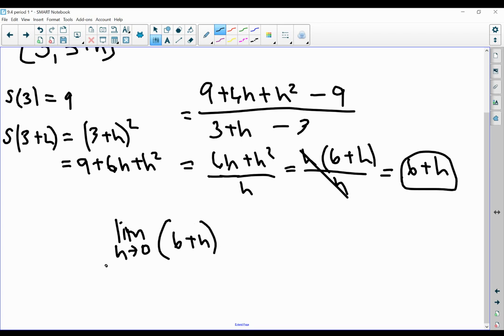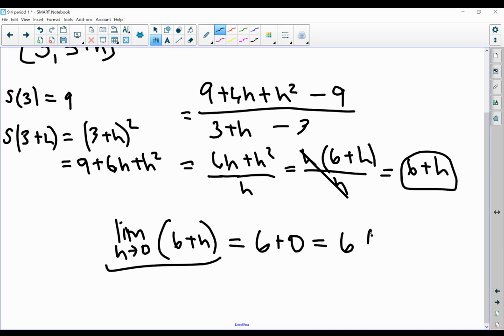So this, you've kind of seen before. This is limit. We've seen limits in Math 4, but not really that much. So we're going to really get into what it means. We're saying I'm limiting the value of h to approach 0 for this 6 plus h expression. If h approaches 0, I end up with 6 plus 0, which would just be 6.